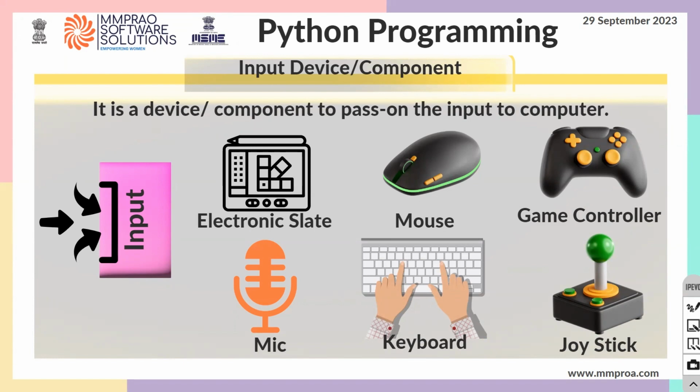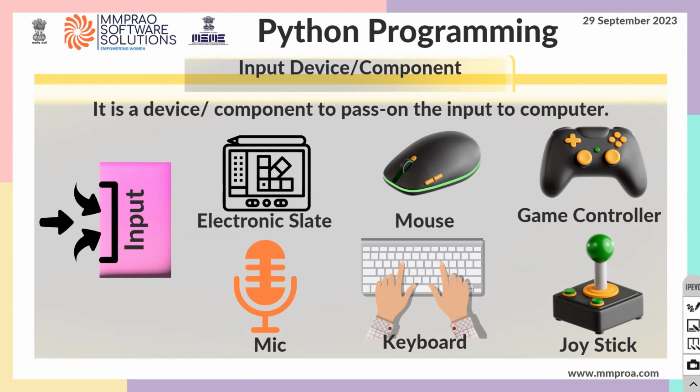So the input process is done with various input devices or input components which are used by the users working with the computer. These are all the different input devices available in the market, and some or all will be used depending upon your environment.